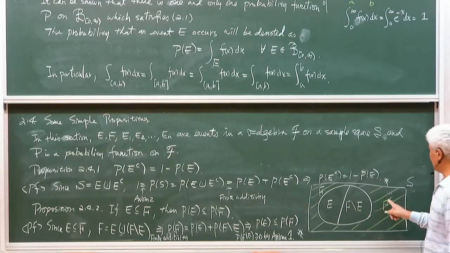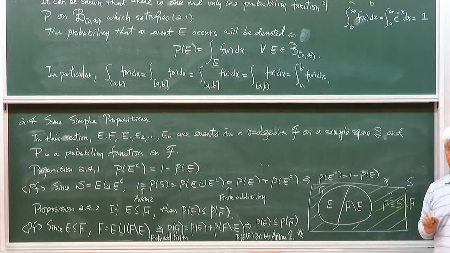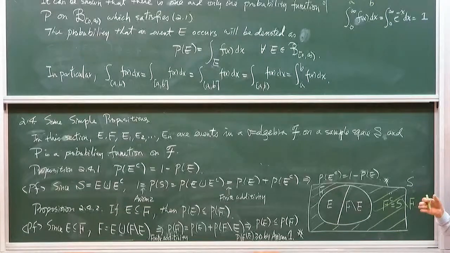Every time we write F complement, we mean S minus F. You use the total event to do the set minus.